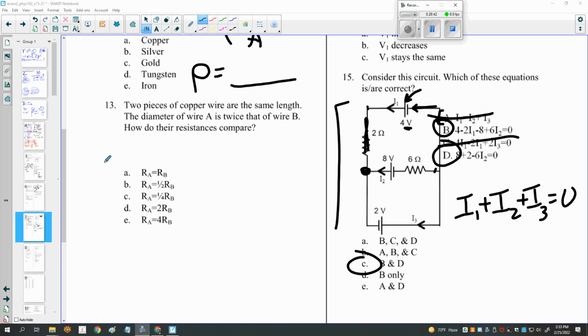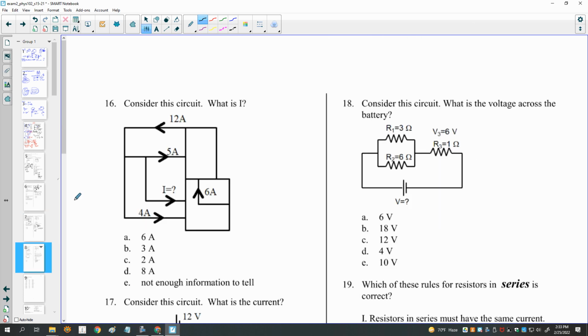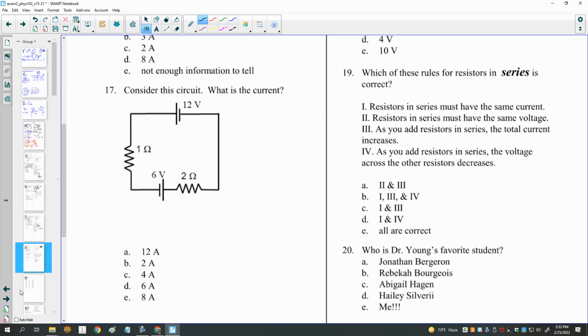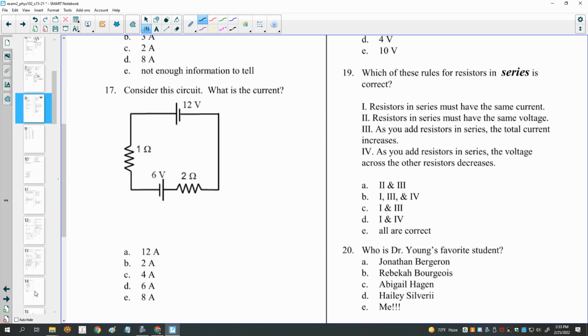And it will cover the last part of chapter 2, all of chapter 3, and the first part of chapter 4. You will not have home circuits. Let's see if there's any home circuits here. No, I didn't have any here.